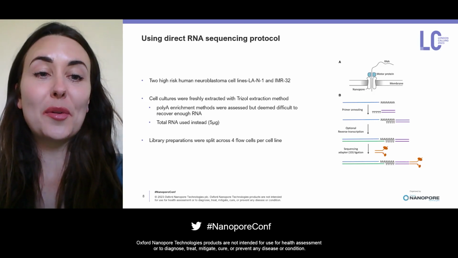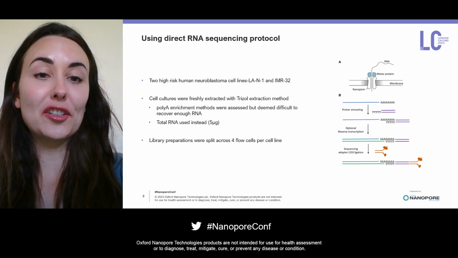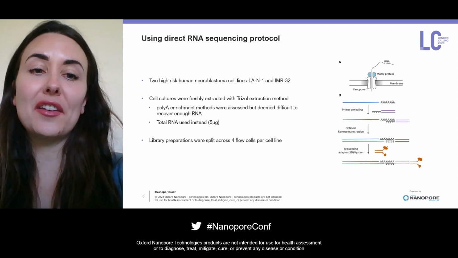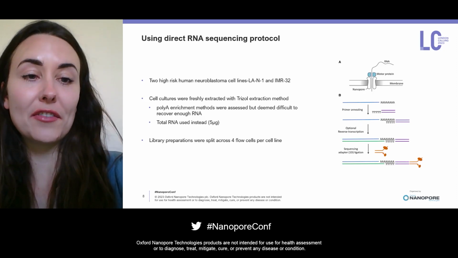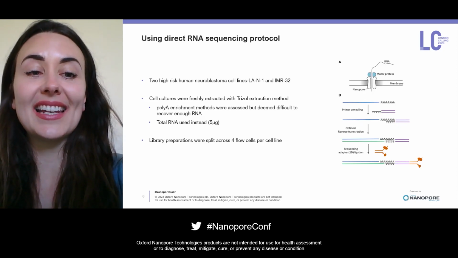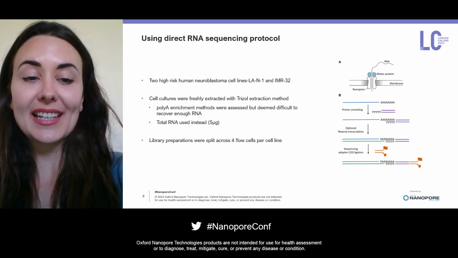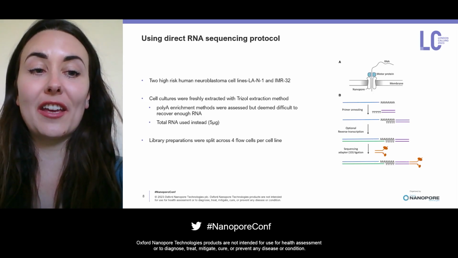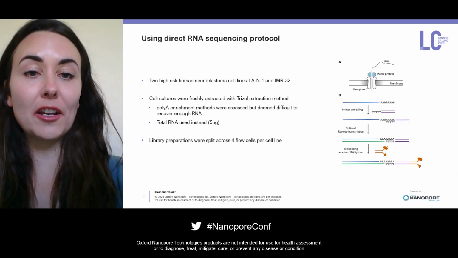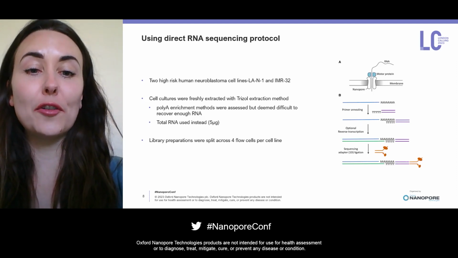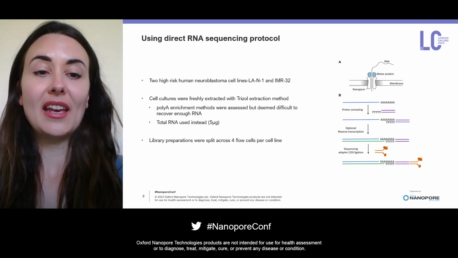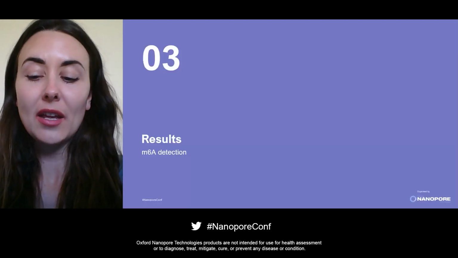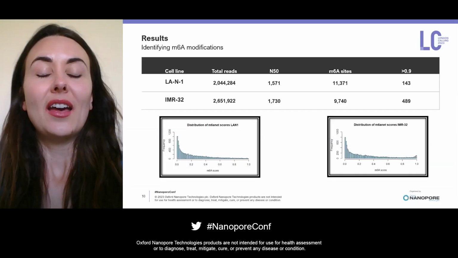The cell cultures were freshly extracted by TRIzol, and we attempted poly-A enrichment methods, but actually we couldn't recover enough RNA, so we decided to use total RNA instead, around 5 micrograms. This at the flow cell load-in stage was then split across 4 flow cells per cell line, and we sequenced that for 48 hours.